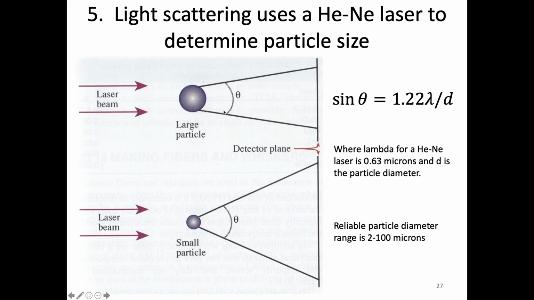It scatters by a certain angle theta, and that angle theta is proportional to the diameter by this equation: the sine of the angle theta is equal to 1.22 times the wavelength of the laser, which for this helium neon laser is 0.63 microns, divided by the diameter.